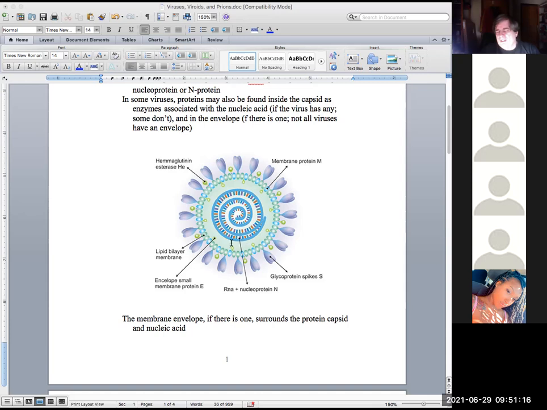So if the virus needs an enzyme that a cell doesn't have, then the instructions for making the enzyme will be in the nucleic acid, because remember, an enzyme is just a type of protein. So the instructions for making the enzyme are in here. So before the virus leaves its host cell, it will make some of these enzymes. So then they'll be available when it infects another cell.